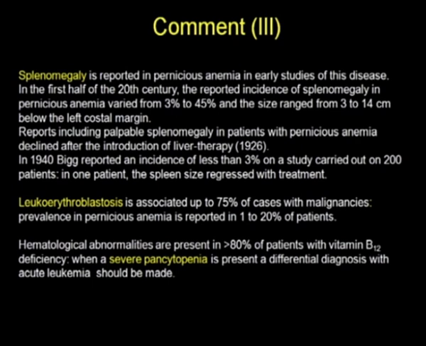The last comment is on splenomegaly. Splenomegaly is reported in pernicious anemia in early studies of this disease. In the first half of the 20th century, the incidence was reported from 3 to 45%, with a size ranging from 3 to 14 centimeters below the left costal margin. Reports of palpable splenomegaly in patients with pernicious anemia declined after the introduction of liver therapy, followed by B12 therapy.